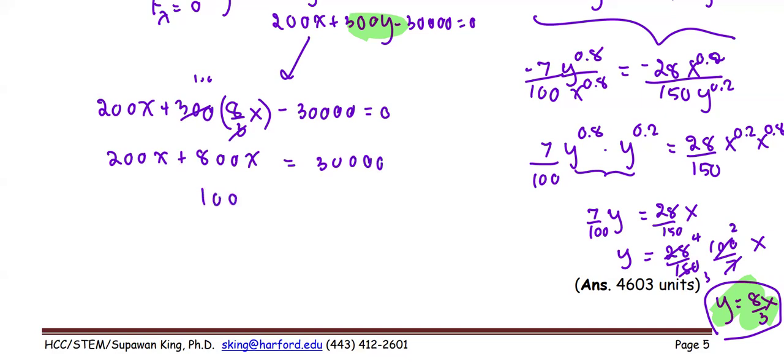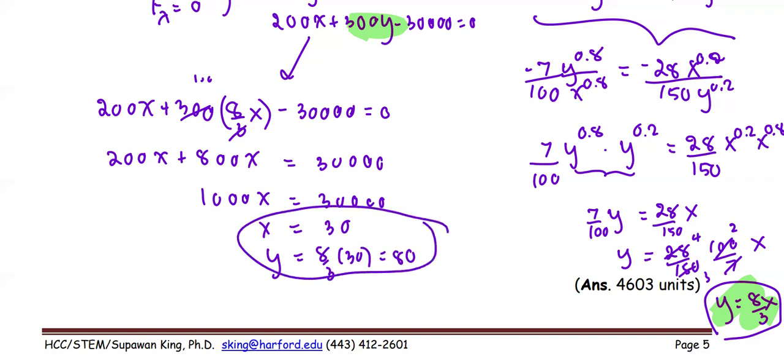The left-hand side becomes 1,000x equals 30,000. So x equals 30. If x is 30, y is 8 over 3 multiplied by 30, which turns out to be 80. For x equals 30, y equals 80. The 30 is from the labor and the 80 is from the capital.